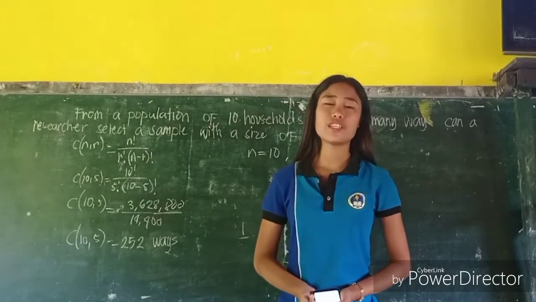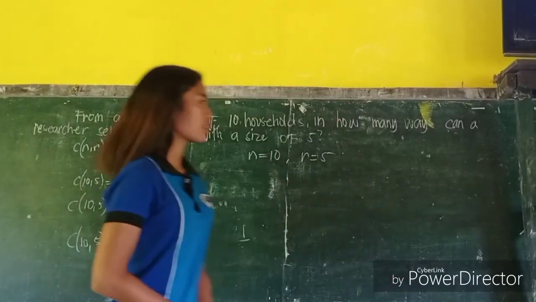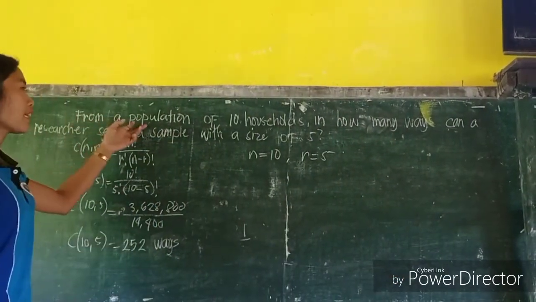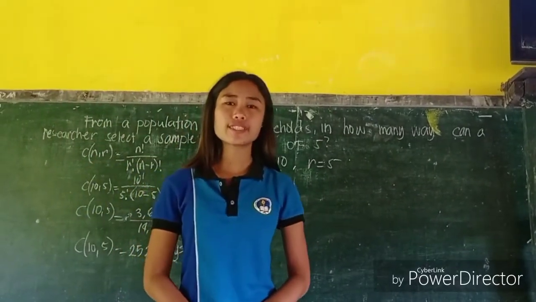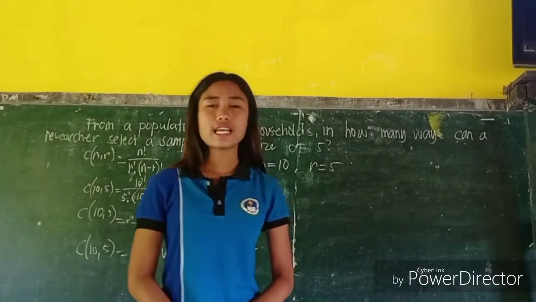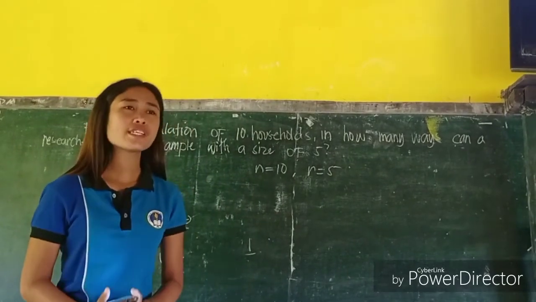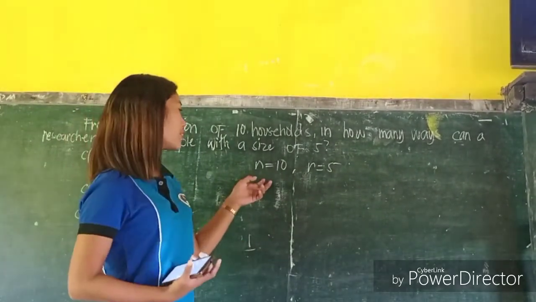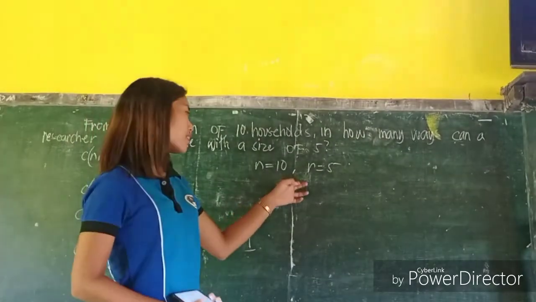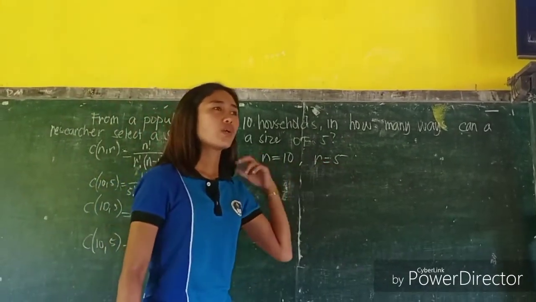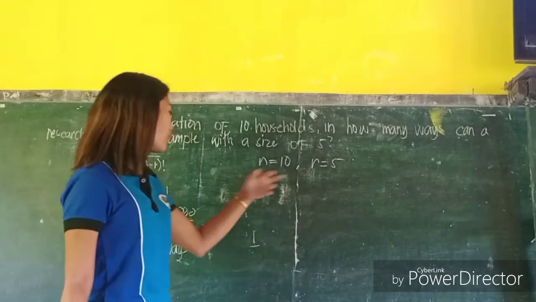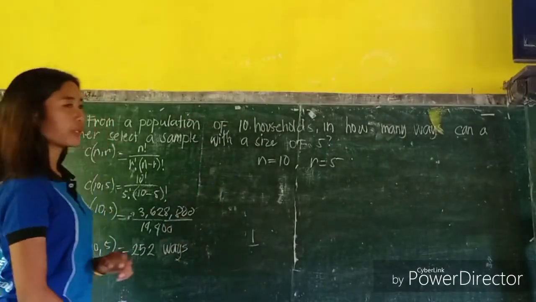Let's have now another example. From a population of 10 households, in how many ways can a researcher select a sample with a size of 5? So, first, we will find the value of our n and our r. So, our n is 10 and our r is 5. Given this, we will substitute to our formula.